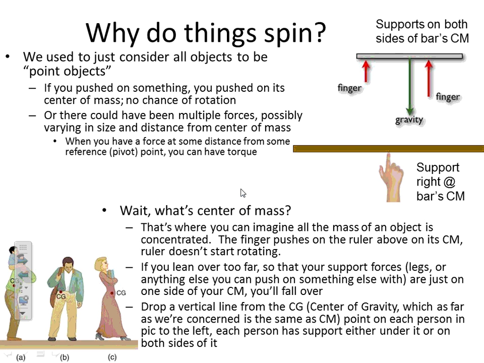Okay, so speaking of things rotating or spinning, why would they spin in the first place? So you've probably pushed on an object before. Your textbook talks about you push on a textbook. You can push on it in one spot, and it'll move, but it'll also start to rotate this way. You push on another spot, it'll move and start to rotate another way.